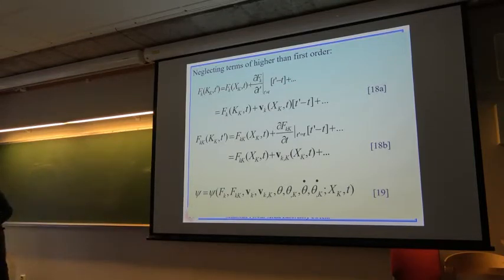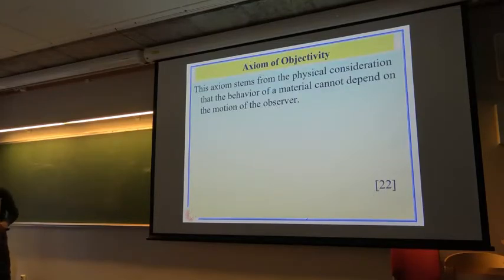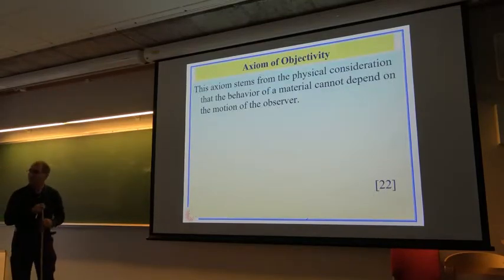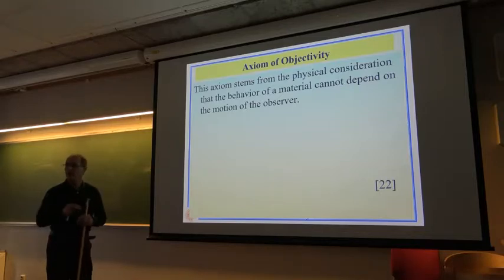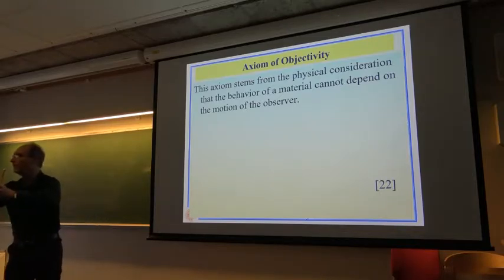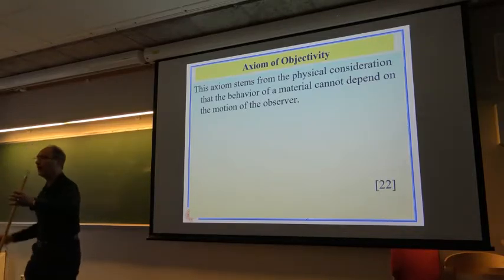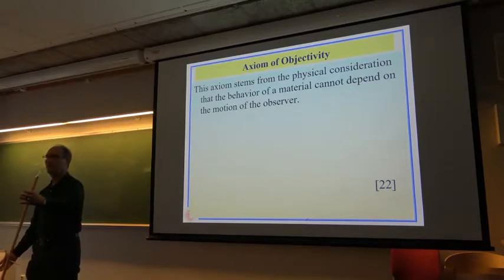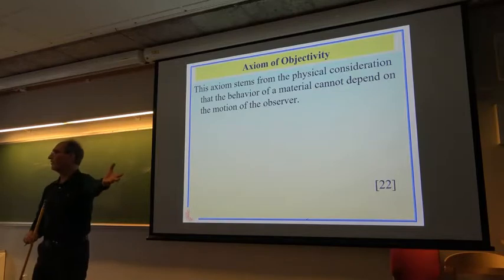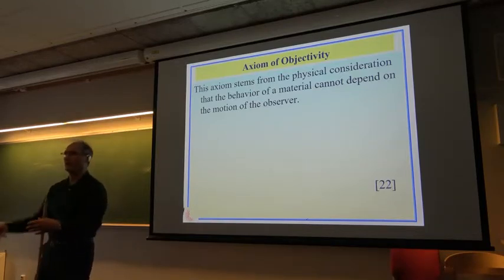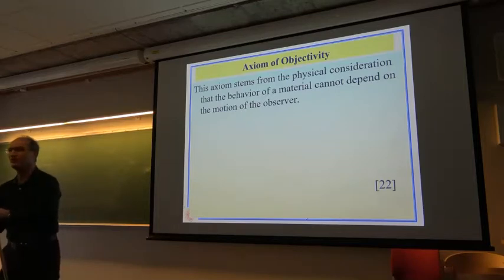Okay? So, there is another axiom, called the axiom of objectivity. It says that how a material behaves must not depend on the observer. Make sense? So there is a material there. One observer is sitting on a train, moving around it and making measurements.